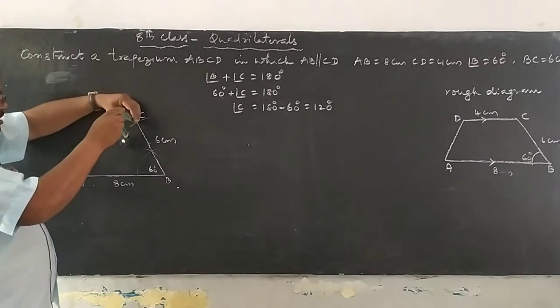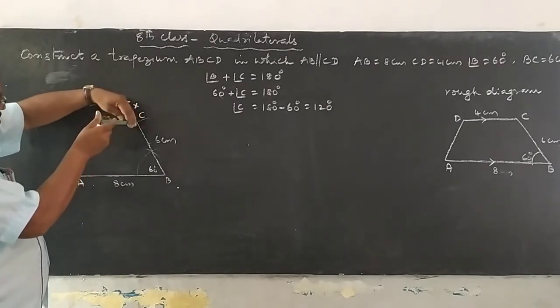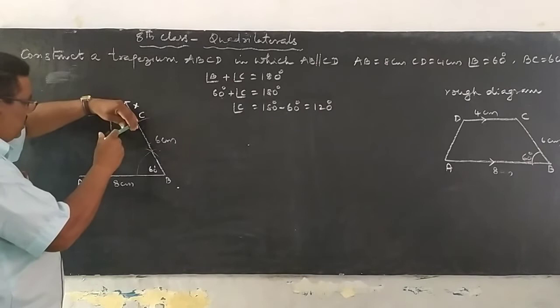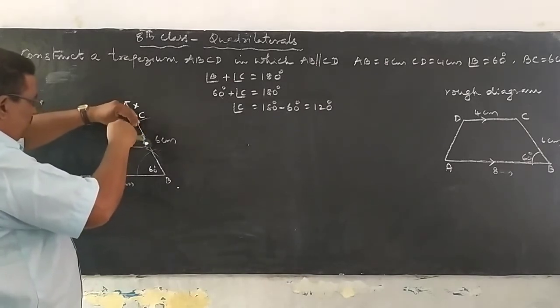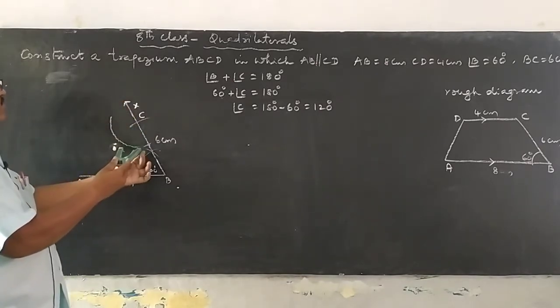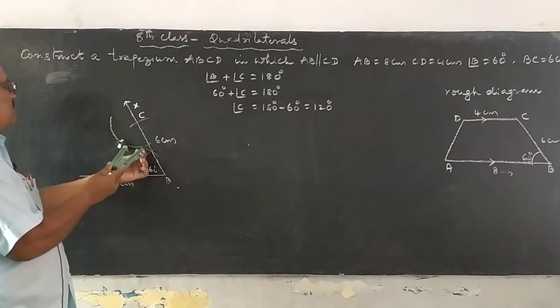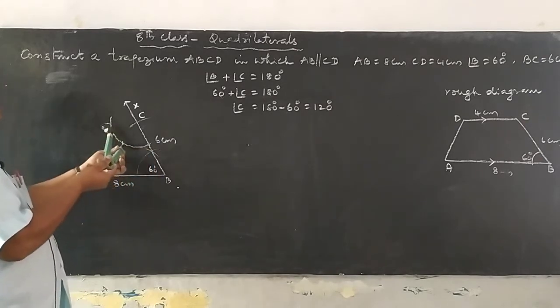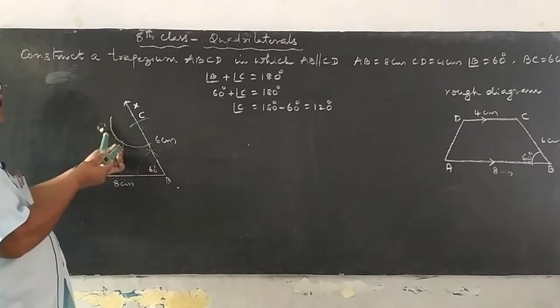Take C as center, draw an arc like this. Okay, from here onwards the first arc is 60 degrees, the second arc is 120 degrees, children.